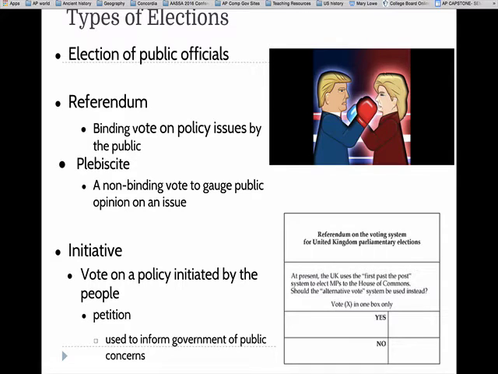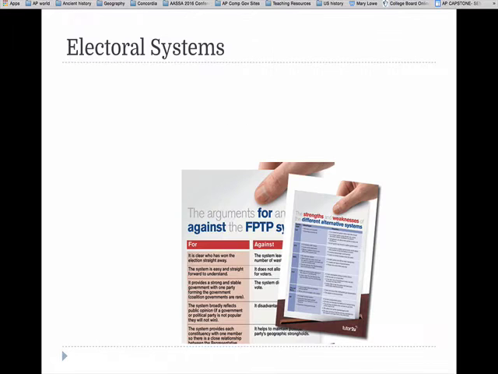An initiative most commonly is when people try to gather signatures on a petition on something that they view as very important, and they want the legislature or the government to care about it and debate it and possibly pass certain laws or policy about it. So an initiative is when people use petitions in order to show their support for certain issues, and then eventually, hopefully, this is passed along to the government and policy is passed.